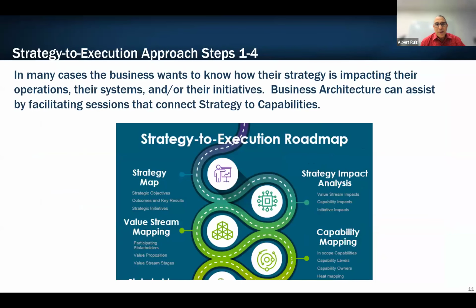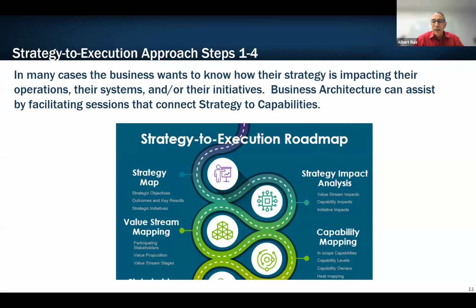So in many cases, the business wants to know how their strategy or their particular set of objectives are impacting operations, their systems, people, other initiatives. And in some cases, it could even lead to what other items are being affected.